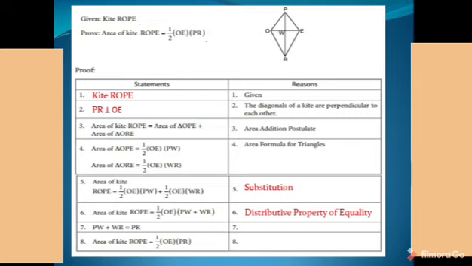And that is distributive property of equality. In that way, as we simplify, the PW plus WR is equal to PR. Well, segment addition postulate. In that way, we have proved that area of the kite ROPE is just one half of segment OE times segment PR by substitution.